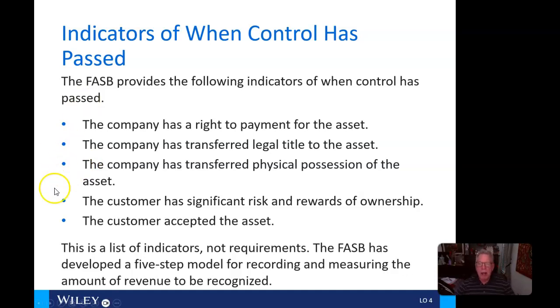The customer has significant risk and reward of ownership here, and the customer has accepted the asset. Now, this is a list of indicators, not necessarily requirements. The FASB has developed a 5-step model for recording and measuring the amount of revenue to be recognized, all of which mean that the revenue has been earned.